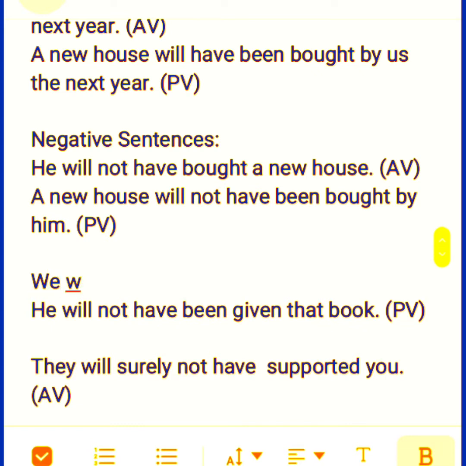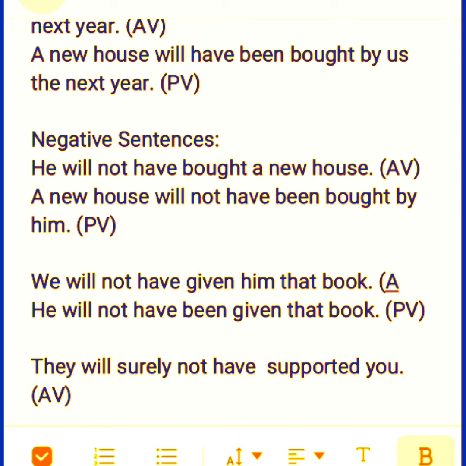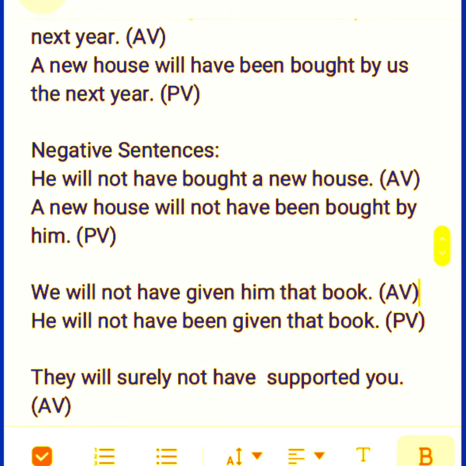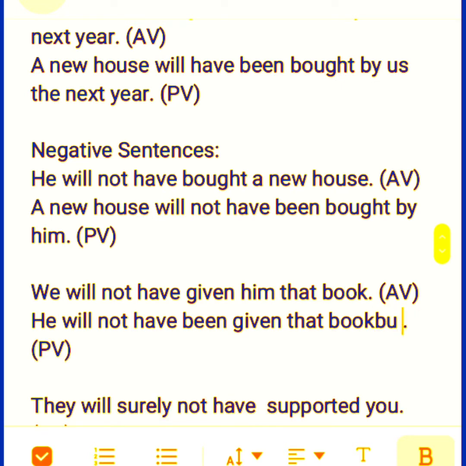We will not have given him that book. Suppose this is the active voice, AV. Then the passive is: He will not have been given that book by us. We can add "by us" here.